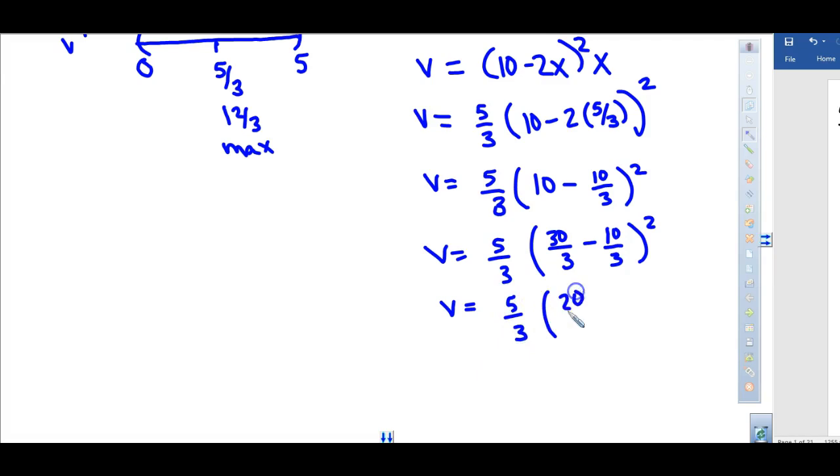So that's going to be 20/3 squared. 20/3 squared is 400/9. So that right there is going to give me 2,000/27. And this is volume, so that would be cubic inches.